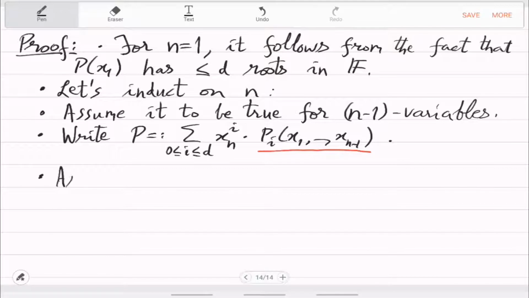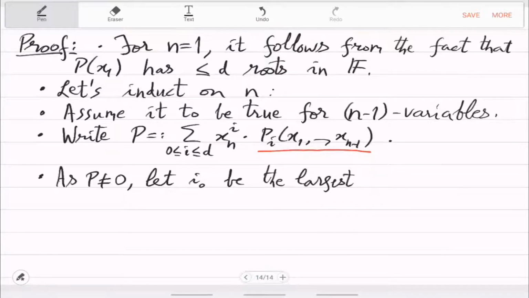As P is non-zero, let I0 be the largest I such that Pi0 is non-zero. Everything after I0 is not appearing in P.